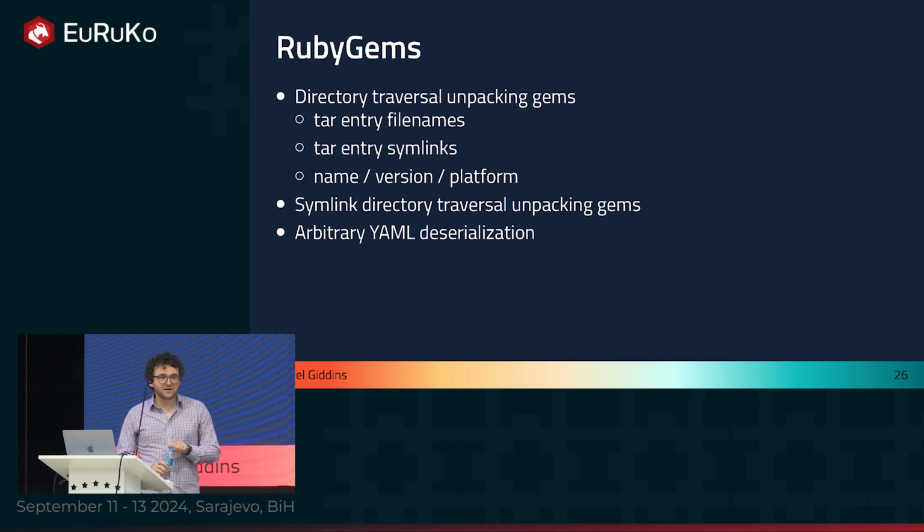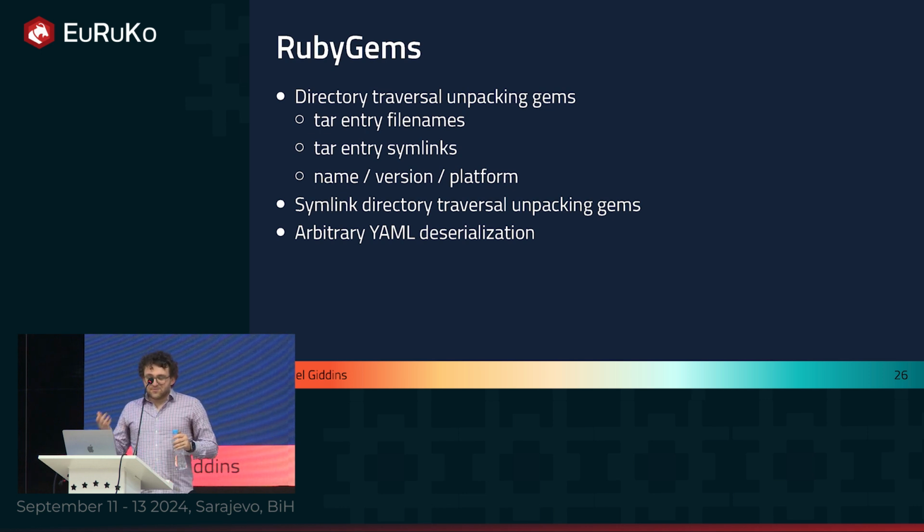Had people putting malicious content in the name, version, or platform of a gem because those weren't validated separately. So if you had a gem named, say, /usr/ something, well, you start writing into that directory.